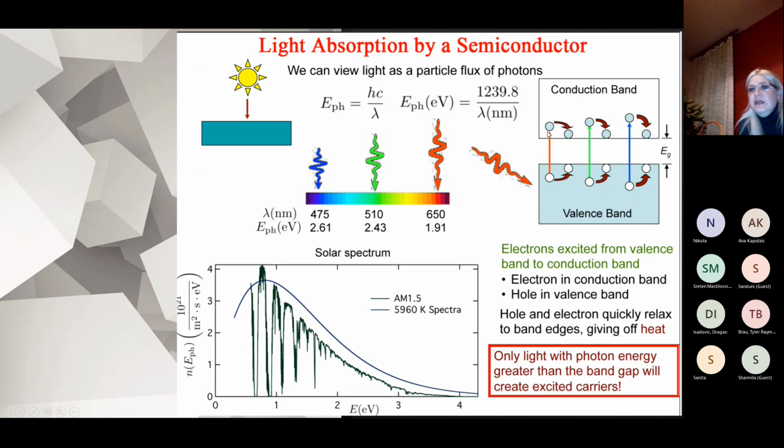That means the electron will go to a state with lower energy at the bottom of the conduction band, and the hole in the valence band goes to the position of lower energy at the top of the valence band. And in this process of relaxation, they release heat. Heat is not good for the solar cell, and it can influence the efficiency of the solar cell in a bad way. That's why it's not good.